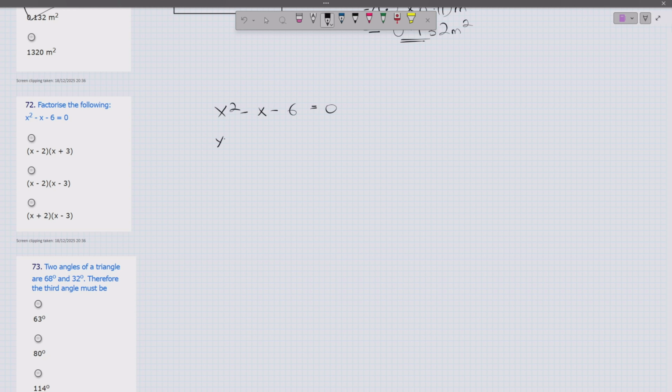So we have x squared plus 2x minus 3x minus 6 equals 0. Factorize x out: x into x plus 2, minus 3 into x plus 2 equals 0. So you have x plus 2 into x minus 3.